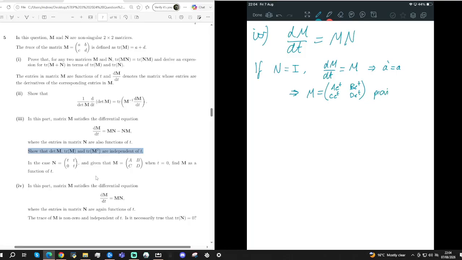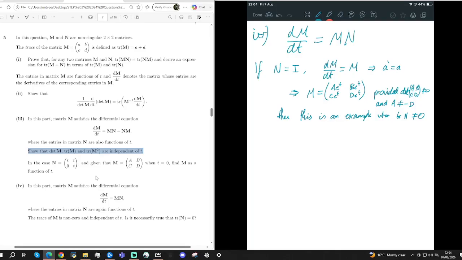So provided det of a, b, c, d is non-zero and a is not negative d, then this is an example where the trace of n is non-zero.